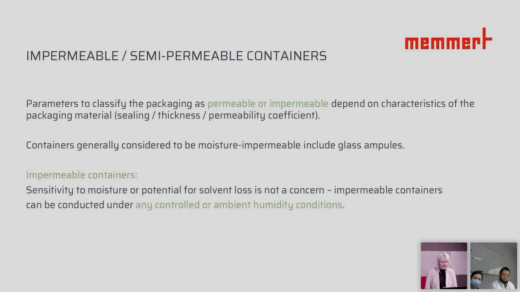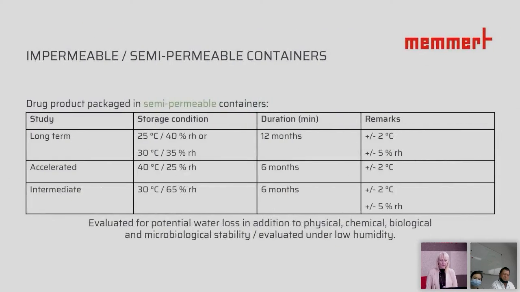And this means the testing is done long-term at 25 degrees, 30% RH, or 30 degrees, 35% RH. Accelerated testing is here at 40 degrees, 25% RH. And for intermediate testing, we have here 30 degrees and 65% RH.